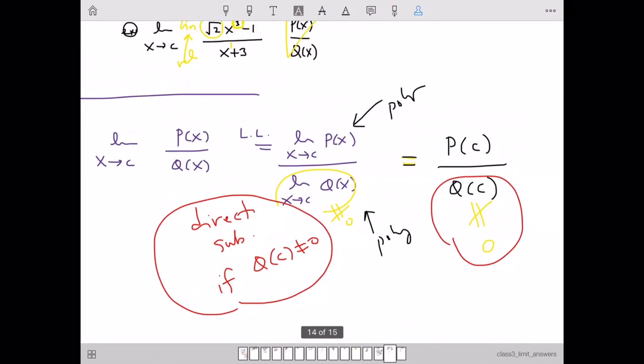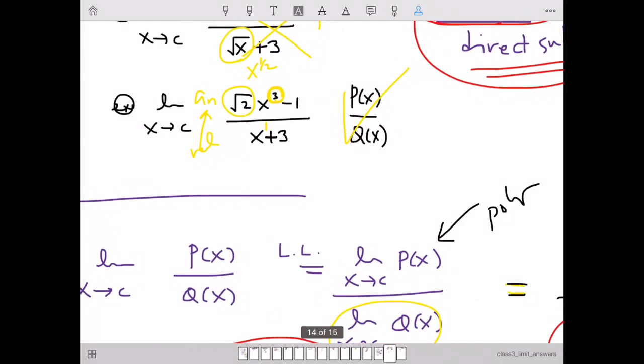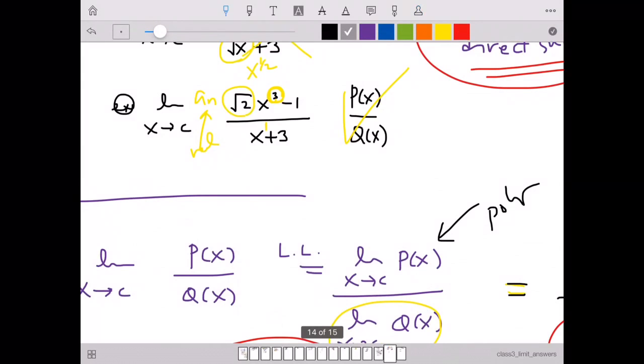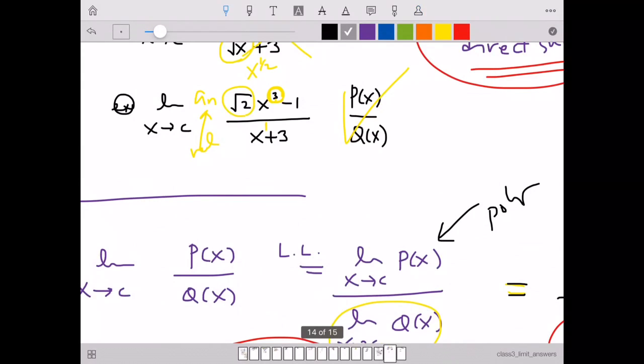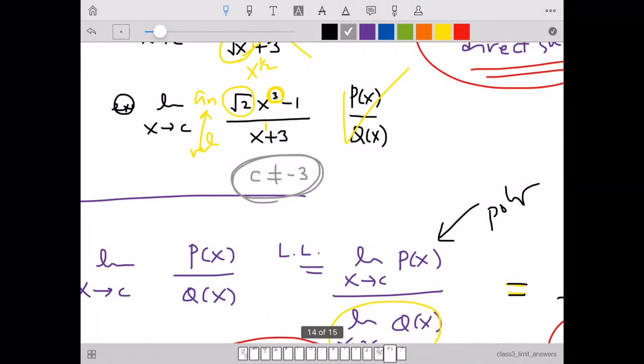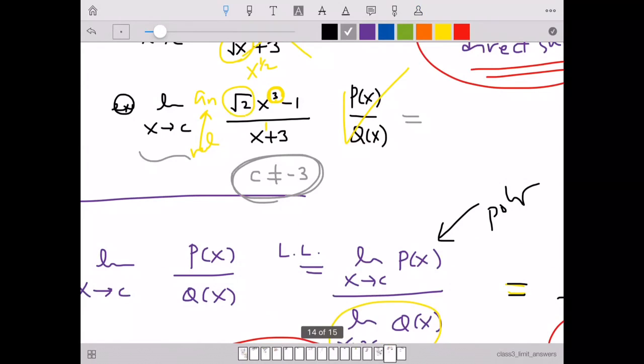So for example, to find the limit of this, if c is not minus 3, then we can say this is equal to square root of 2 times c cubed minus 1 over c plus 3, if c is not minus 3.